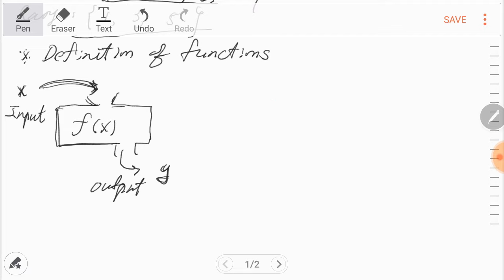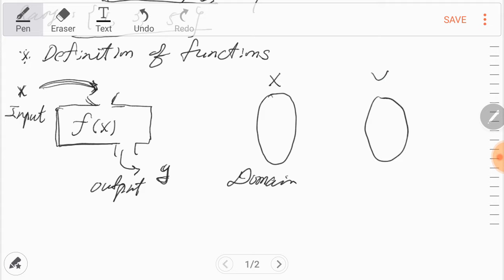Let me draw 2 circles. Let's say this is set A, the set of inputs. The set of inputs is called the domain. And these are the set of outputs, which we call the range. Let's say here are input values 1, 2, 3, and output values, let's say 5, 4, 3.